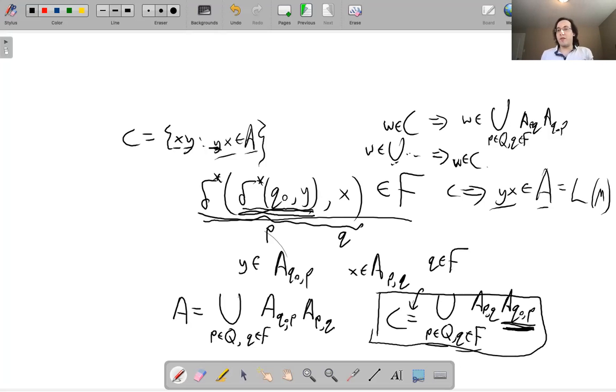That's a convenient way of showing a language is regular. In this case, we showed C is regular. Of course, if you're using this on an assignment, don't forget to actually prove the equality. Don't forget to prove that C really is equal to the union, or whatever else you're claiming C is equal to. That does require proof. So this is just a good trick to know about dealing with regular languages.